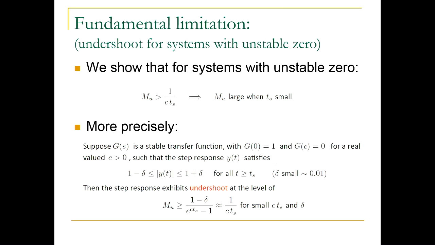By the way, for small C and Ts, this can be approximated. If you expand the exponential in a Taylor series and neglect higher order terms, approximately this is true for small C times Ts. This is where the first inequality comes from, but this bound here is more precise than the one on top. First, I want you to digest this result.